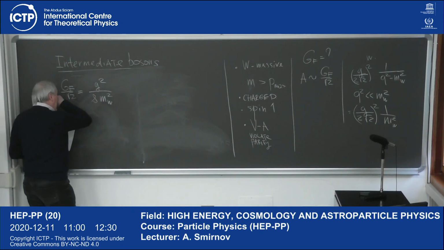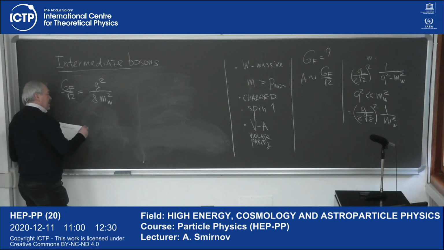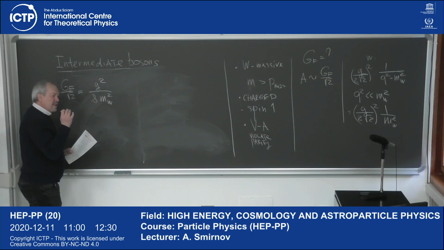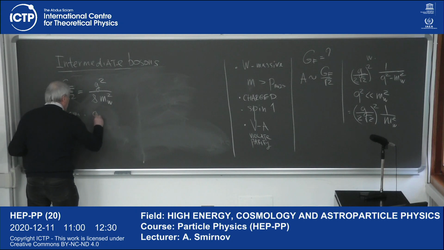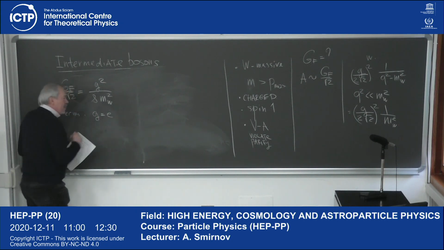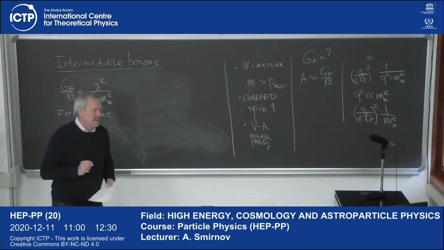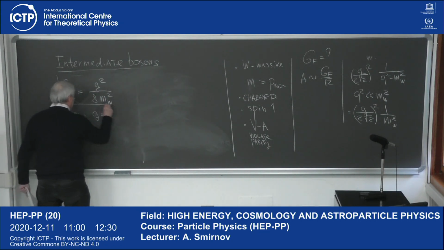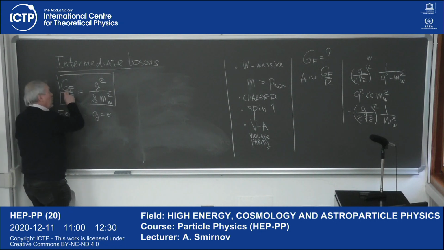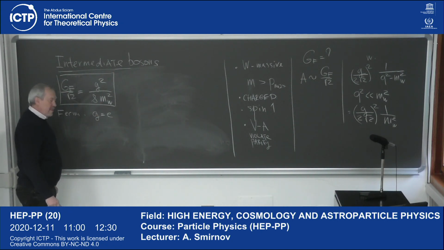So let me remind that Fermi was so deep in this type of analogy with electromagnetic interactions that he suggested that probably g equals e, the electric charge. Using this equation, and since we know what is G Fermi, you can find what is the mass of the W boson.